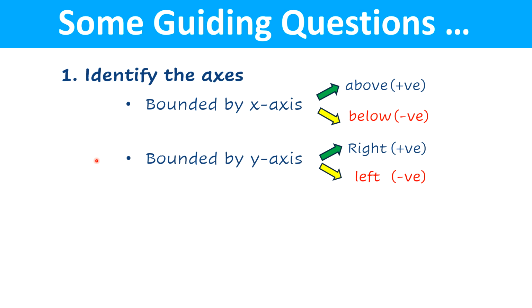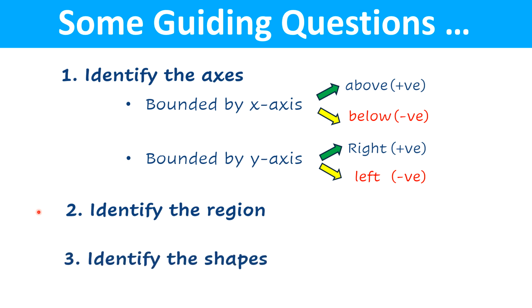Once this first step is done, we go to the next stage, which is to identify the region, which I will go through with you in the next slide. Once we have identified the region, the next step is to identify the shapes. So these slides are very important. These guiding questions are key skills that you will need to master.